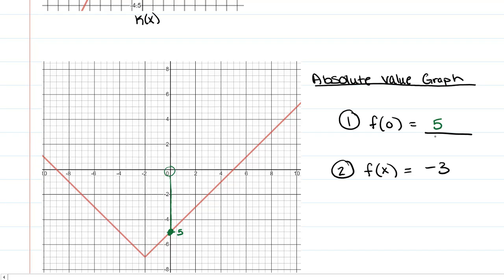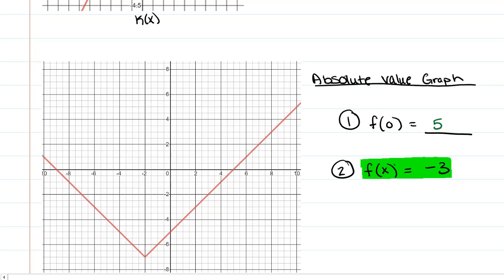Okay, so done with that. That makes sense that we only have 1, because remember, to be a function, for one input, you can only have one output. However, when I am asked to find x, when the output is 3, this does have two answers.